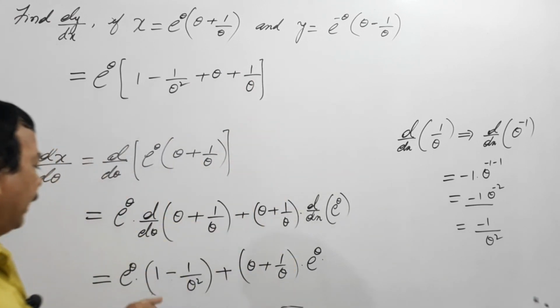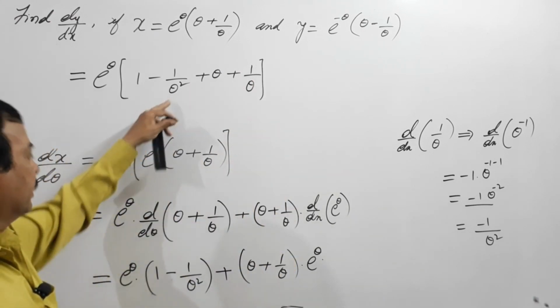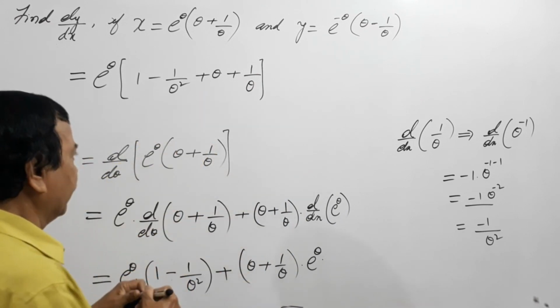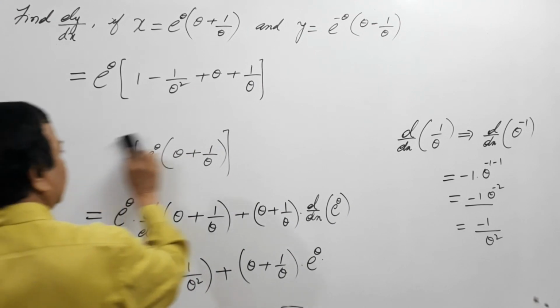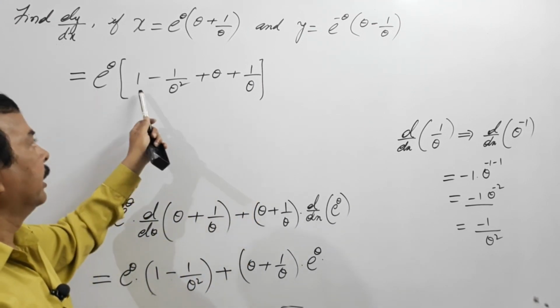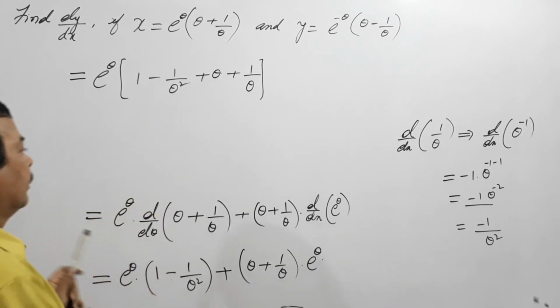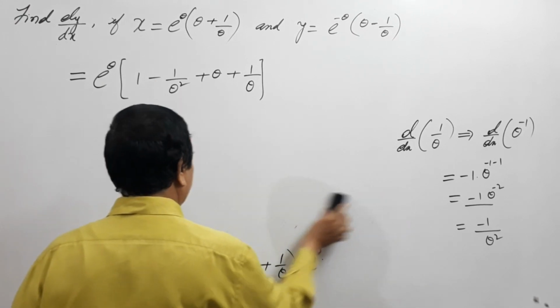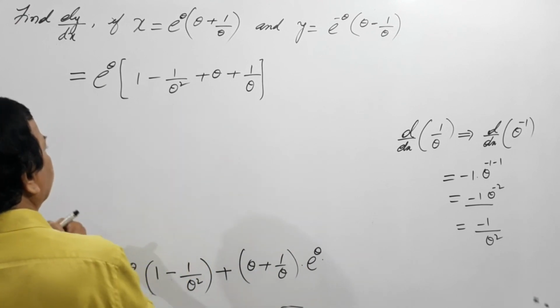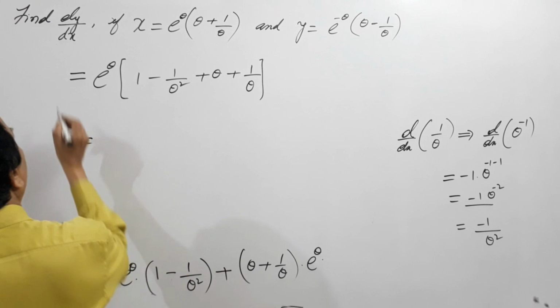Correct? I have removed the bracket. When you get such cases, take the LCM. The LCM will be the highest, that will be theta square.